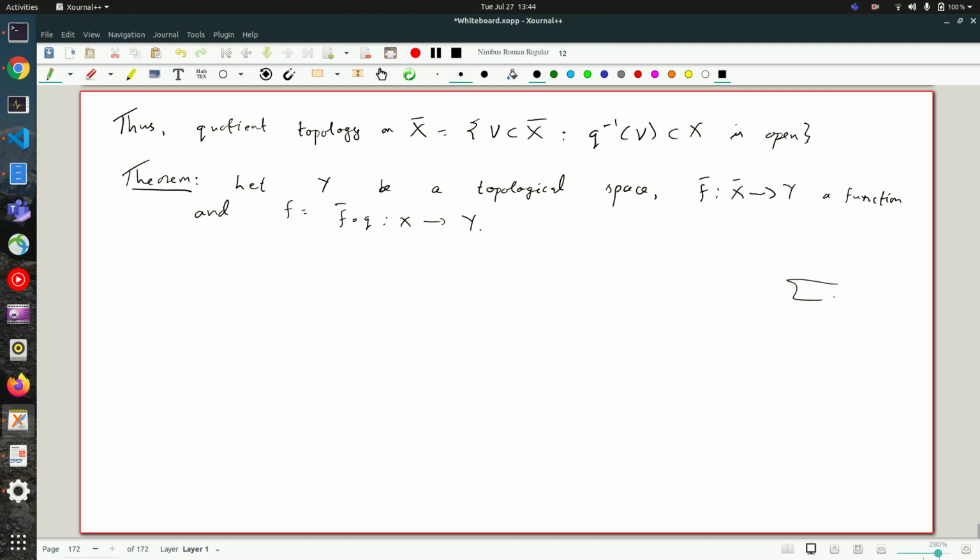So we have X here, and we have a quotient which is becoming smaller. You can think of vertical lines as being equivalent, so it's become thinner. I have Y here, and then I have F bar. This is my Q, and this is my F. And what we have here is that if F is F bar composed with Q, which is the relation at the functional level, then F bar is continuous if and only if F is continuous.